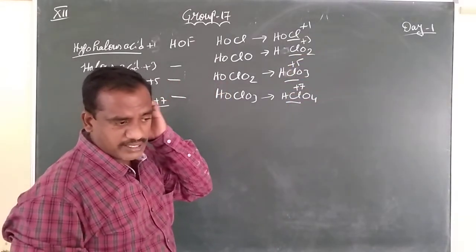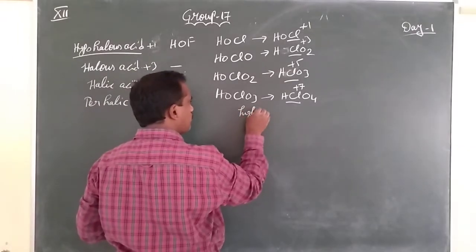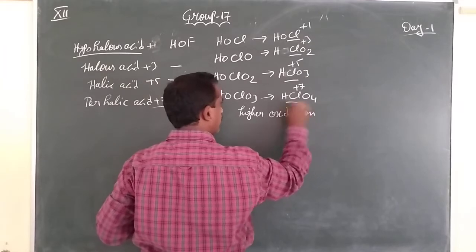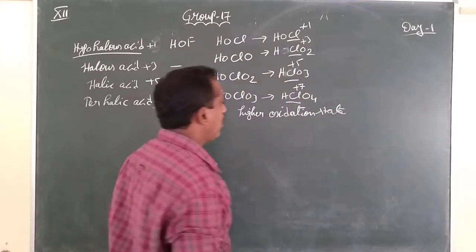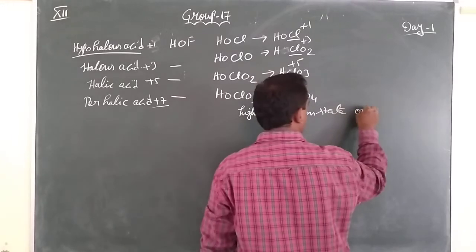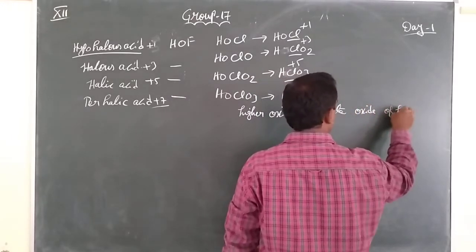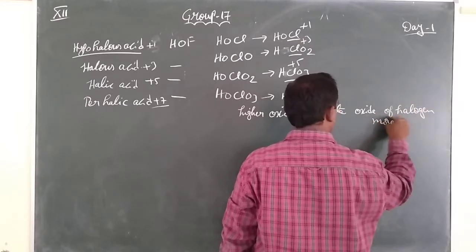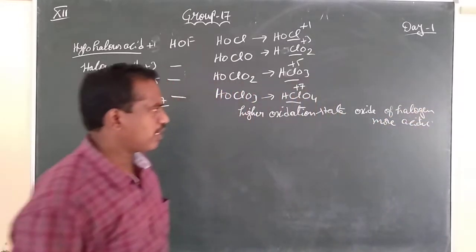What was the point we had raised? These are all non-metals. The higher the oxidation state of the oxide of halogen, that will be more acidic. This point you must not forget, children.